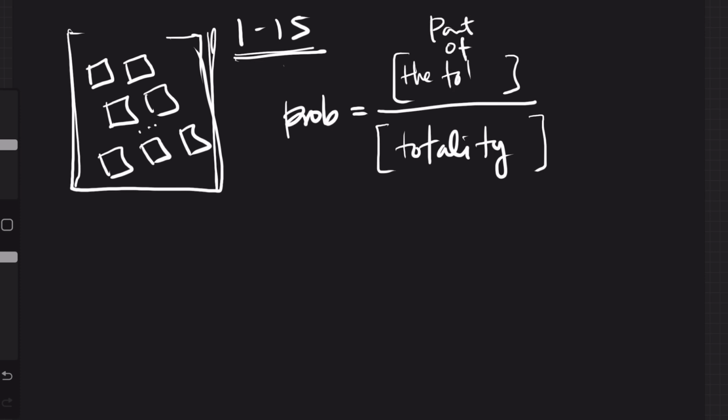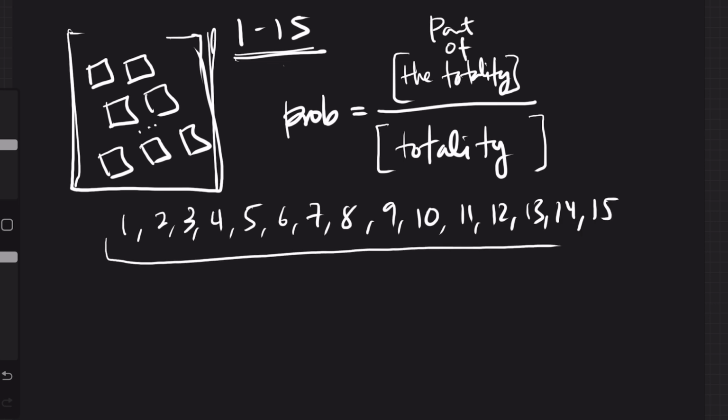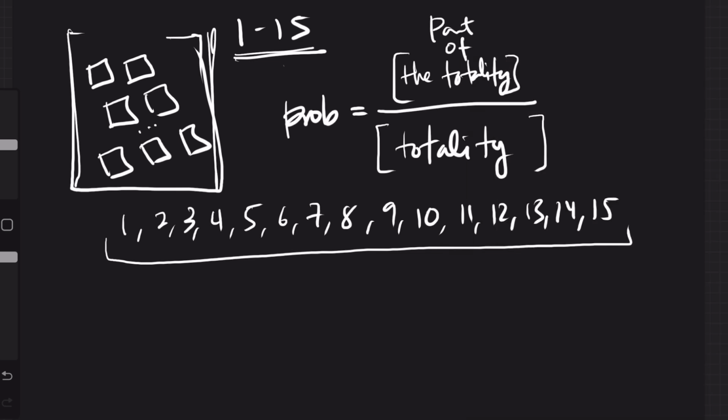If you were to draw one piece of paper, you could have a 1, 2, 3, 4, 5, 6, 7, 8, 9, 10, 11, 12, 13, 14, or 15. So all of these numbers represent all of the options. So this is the totality.